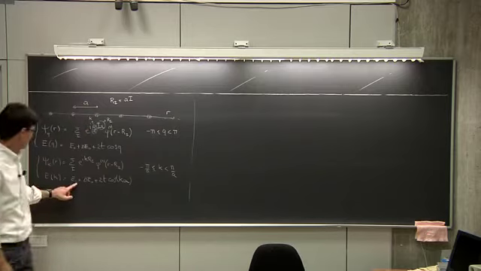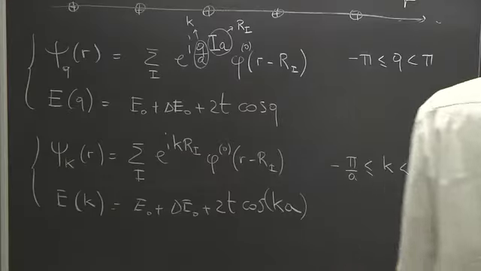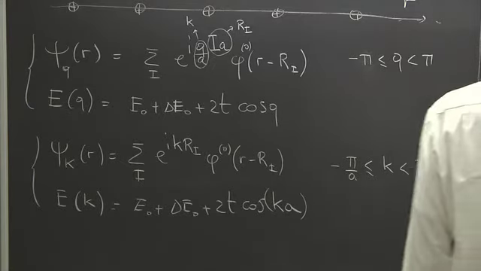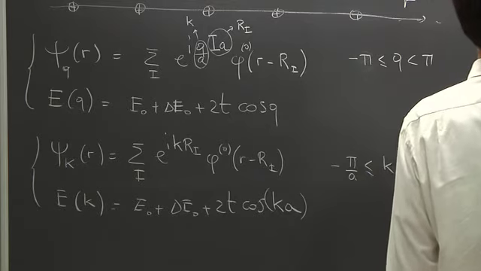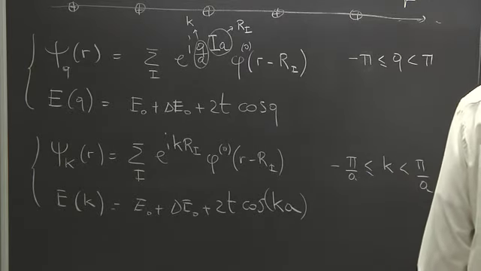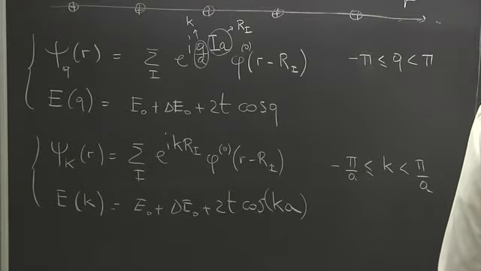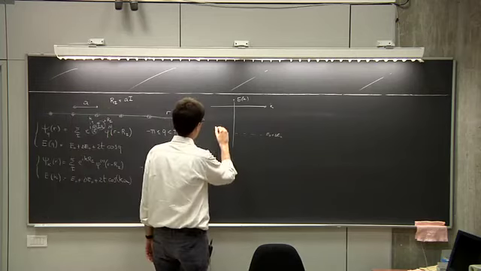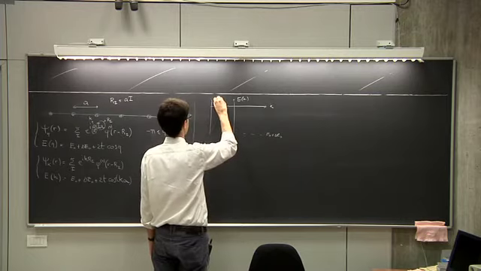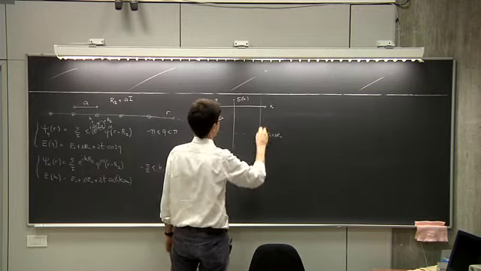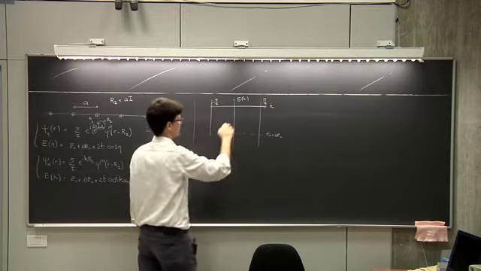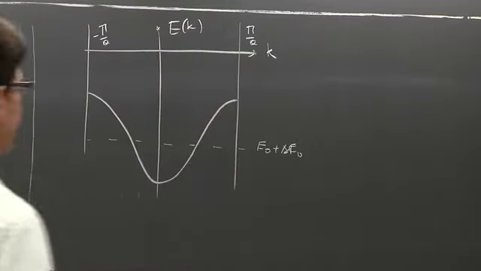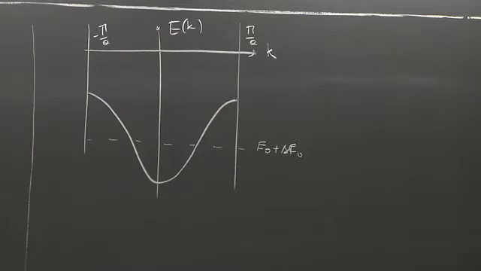So let me now plot this function again. I'm just replotting, so let me do it properly. Now I'm putting E naught plus delta naught as a negative number. This is minus pi over a. This is pi over a. We're now as a function of k, and this is the energy as a function of k.